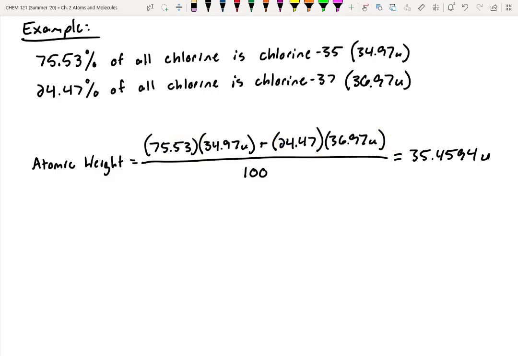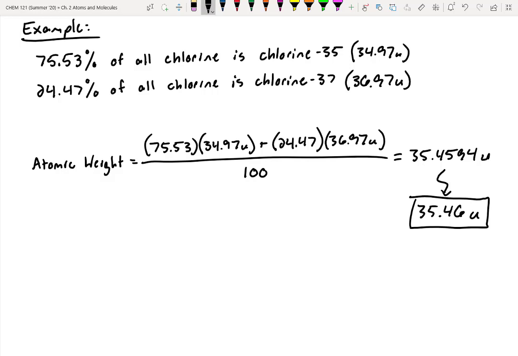So this means our final answer should have 4 sig figs. And that means it would be 35.46 atomic mass units. All right, so this would be the atomic weight, meaning the average of all isotopes, and this would be the number that you would see on the periodic table.